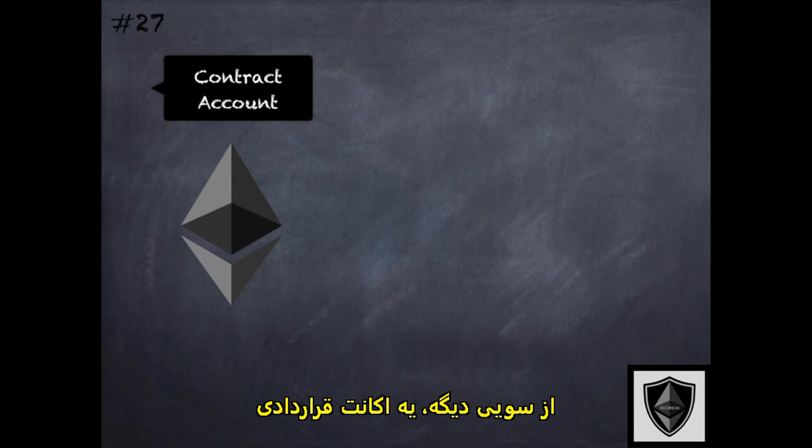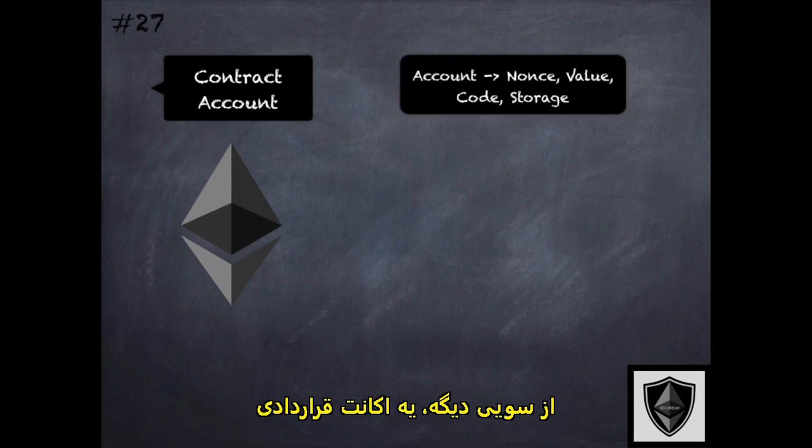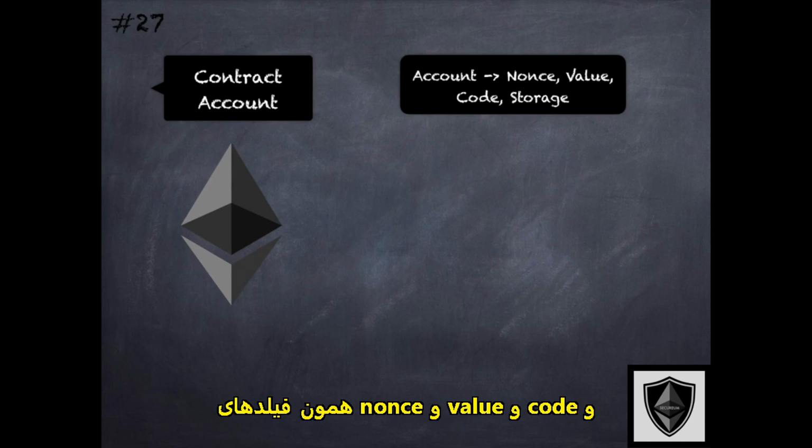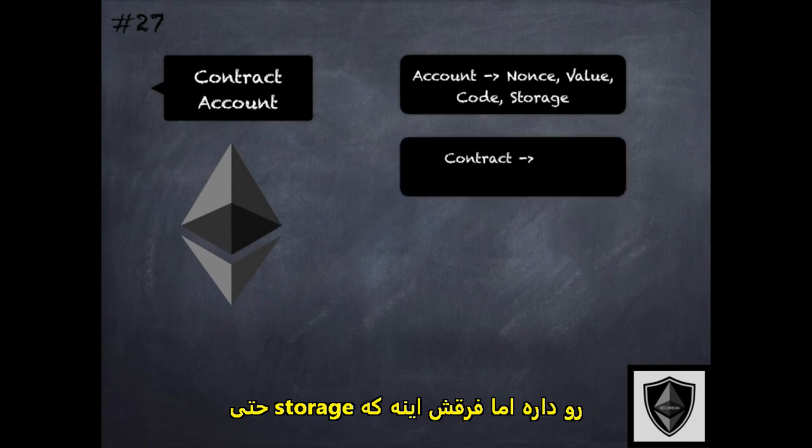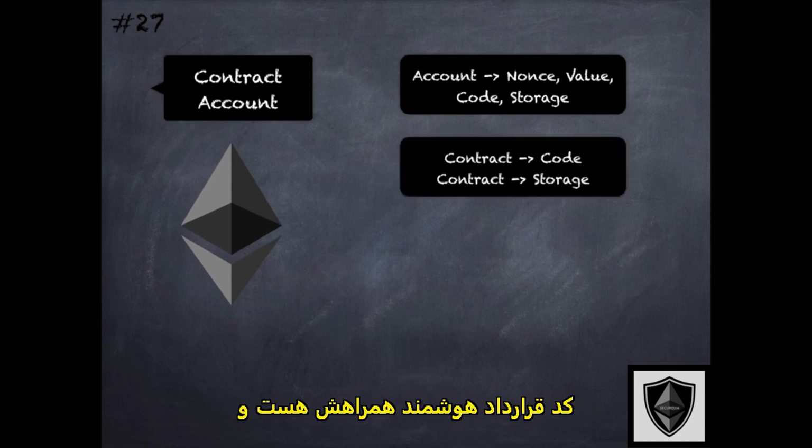On the other hand, a contract account has the same fields, nonce, value, code, and storage, but in this case, it has associated smart contract code and associated storage.